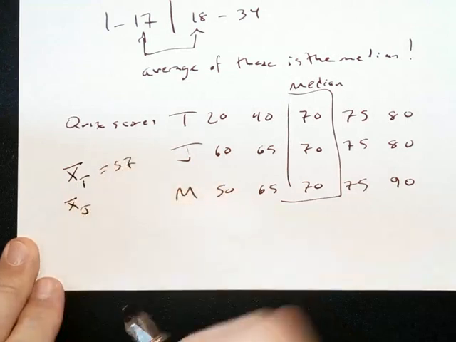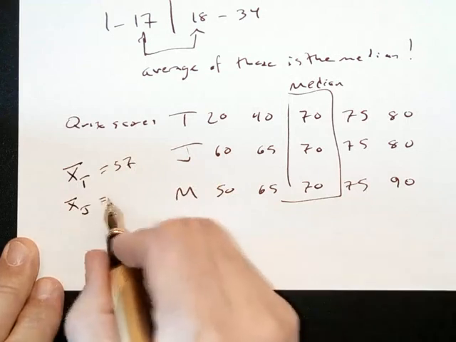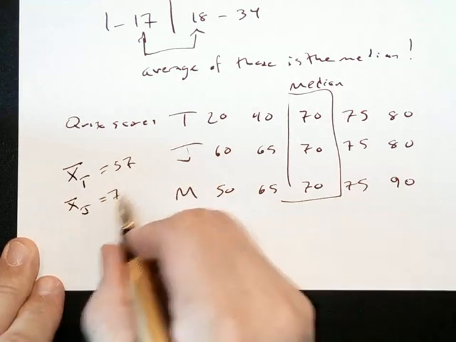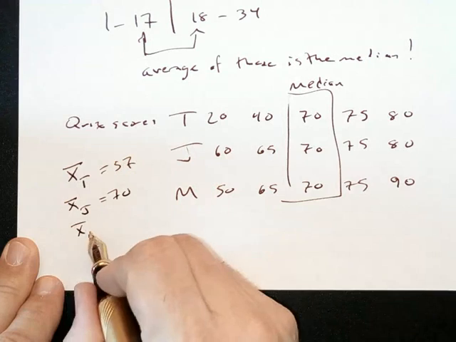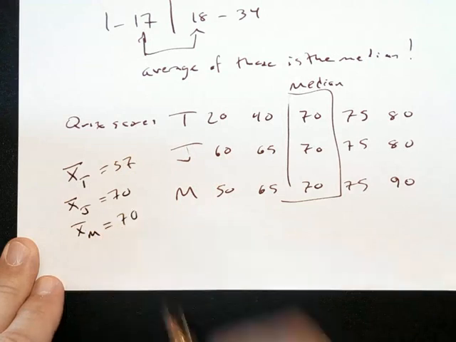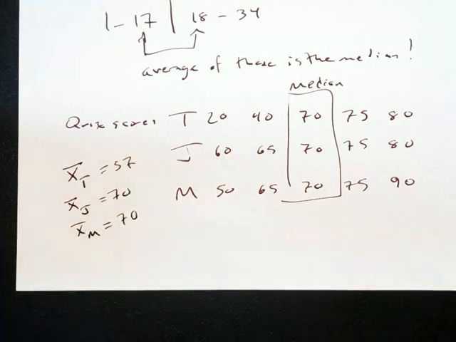The average for Jay, I don't remember what I called Jay's name, was 70, and so was M's. That's just as low as that's high. So we have changes to the edges. Average will change, median might not move at all.